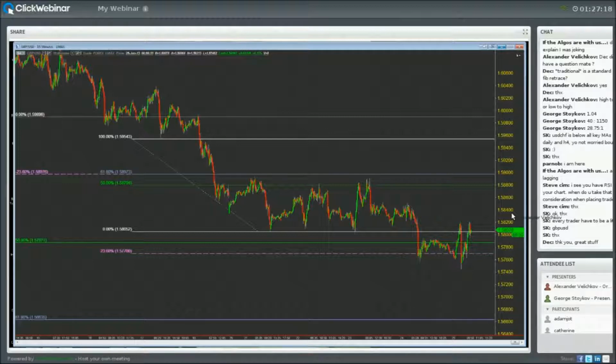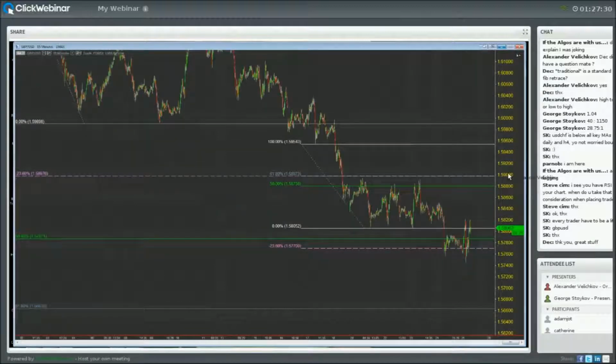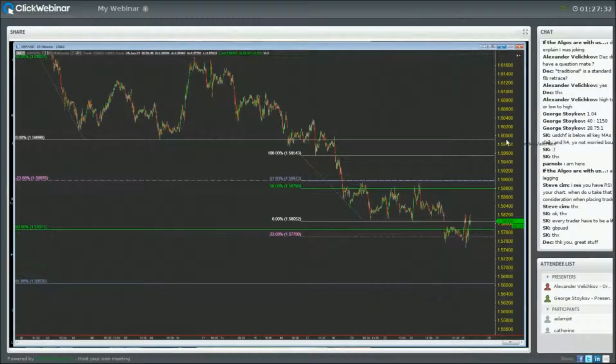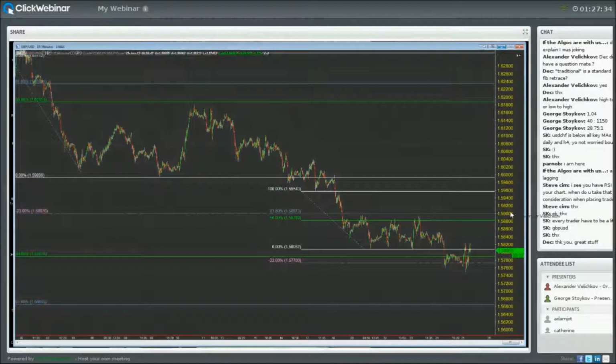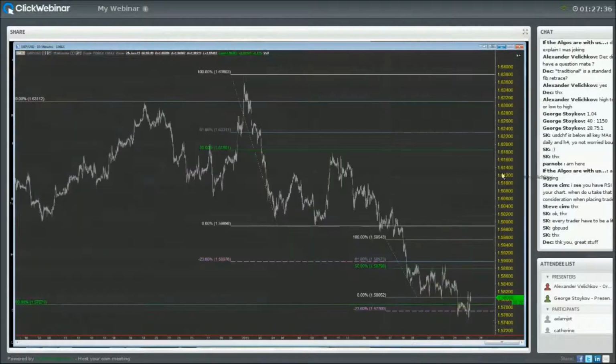What you're currently seeing on your screens is a 15-minute chart of the British pound versus the dollar. The pound has been offered massively in the past week or so. What we established at first, let me just go back a bit.